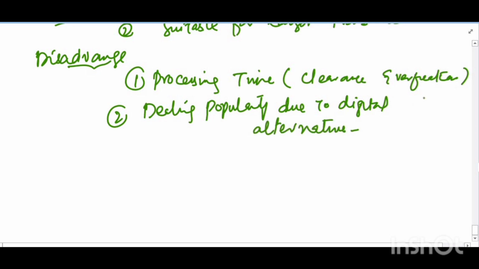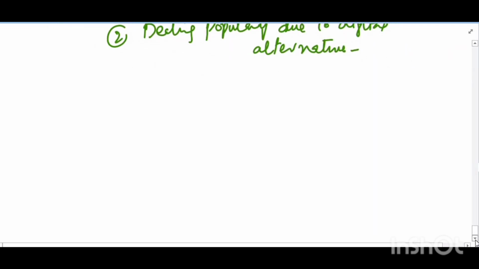So we don't need checks now. Clear? For example, you're writing a check to pay rent. This method has declined a little bit, because there are digital methods. You don't need to give a check to someone for payment of that rent. You can just use an automated receipt and payment method.